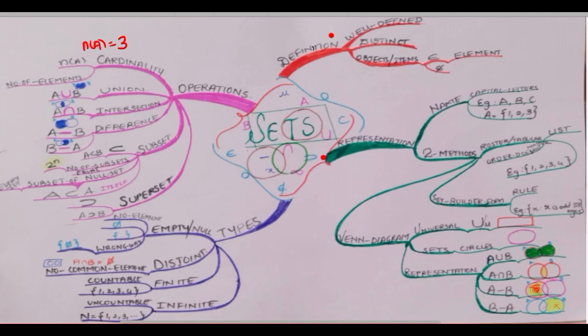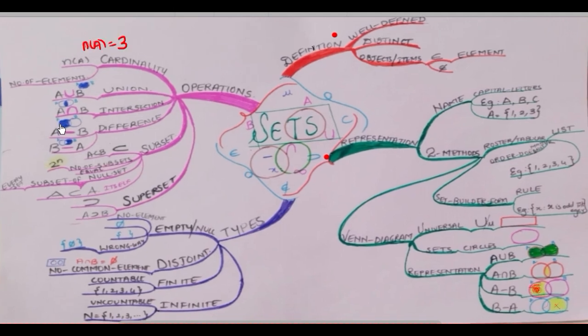Then coming to the next one, difference. We have A minus B and B minus A. A minus B means, suppose if you are representing it as a Venn diagram, the elements that are present in this shaded portion will represent set A minus B, and B minus A is the set which represents the elements which are there in the shaded portion as shown in the figure.